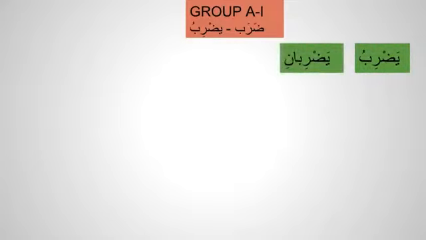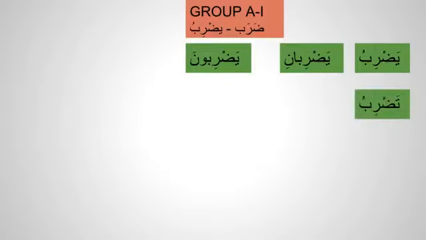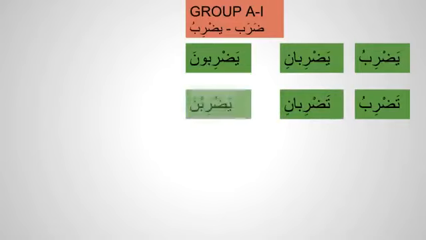We're going to do a couple of verbs from bab daraba: daraba yadribu, where the ayn kalima has a fatha in madi and a kasra in mudari'. Daraba yadribu. Huwa yadribu, huma yadribani, hum yadribuna. Hiya tadribu, huma tadribani, hunna yadribna.